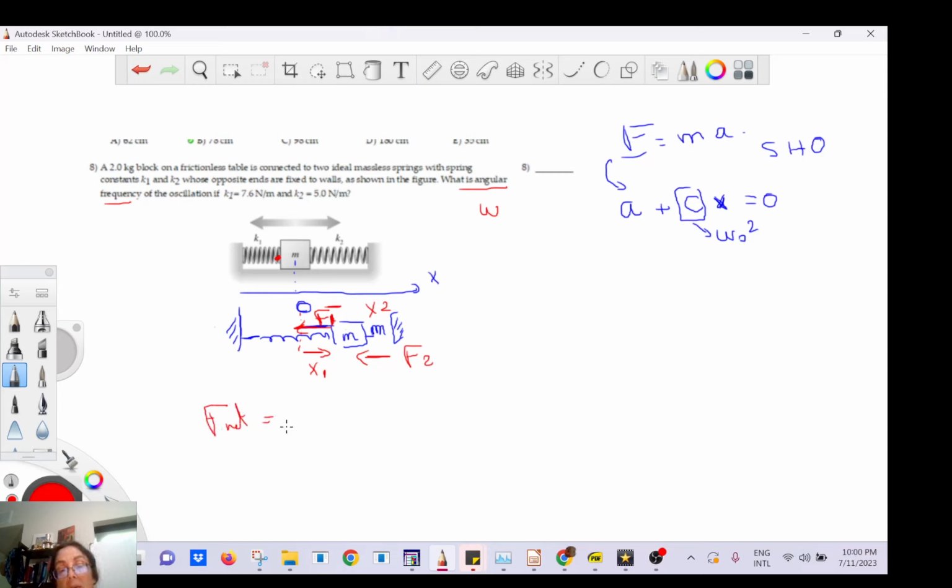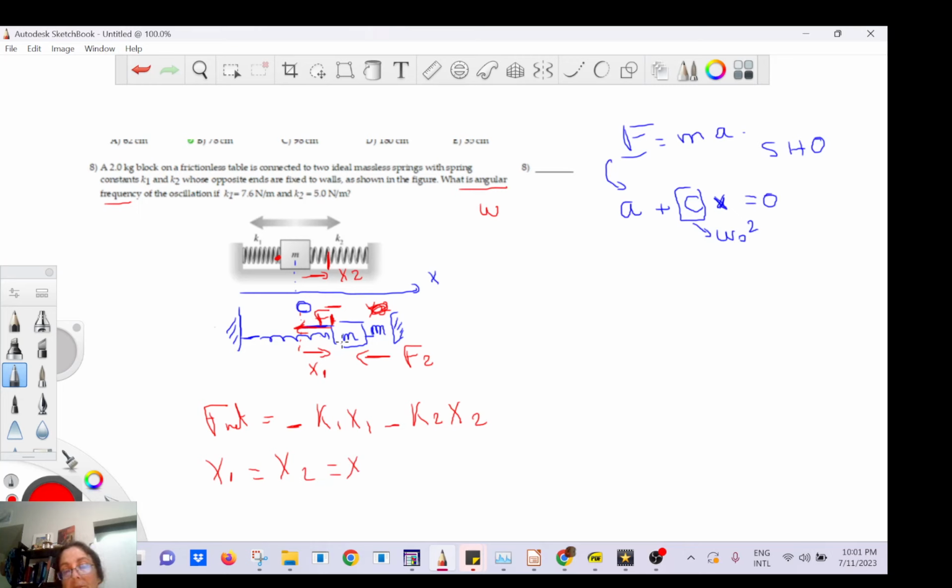So both of them are pushing to the left. If you bring the mass here, the spring has been squeezed. So minus K2 X2. But you see also that X1 equals X2 equals X, because of course they move by the same amount.